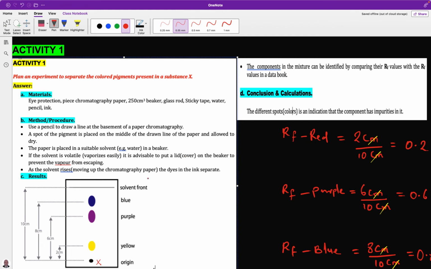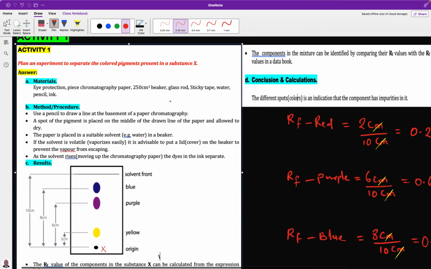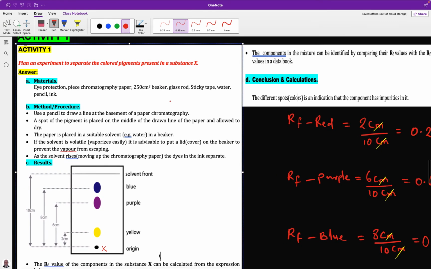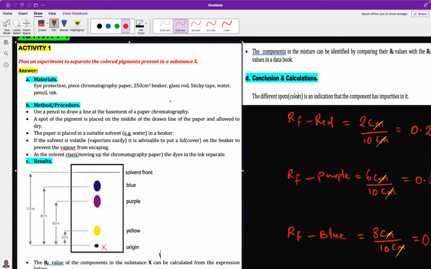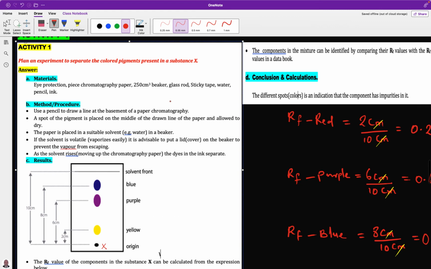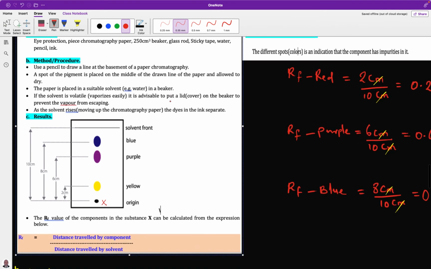If it was only one spot, we would have said the substance X is pure. But because it has different colors in it, it is an indication that it has impurities. So that is how you can plan an experiment to use the paper chromatography technique to detect impurities or the different components in a mixture.